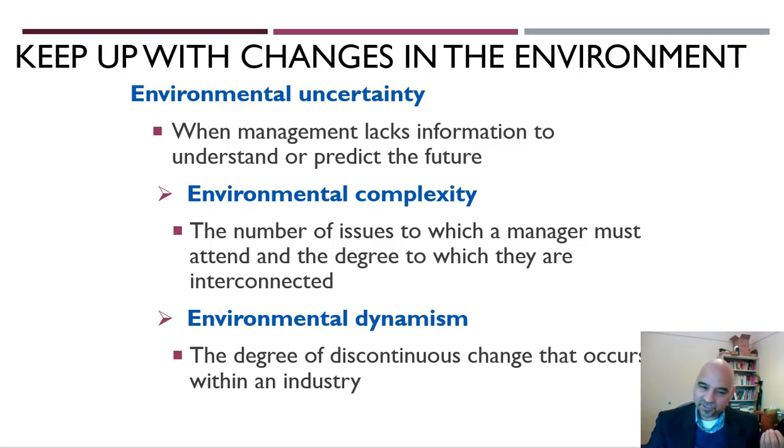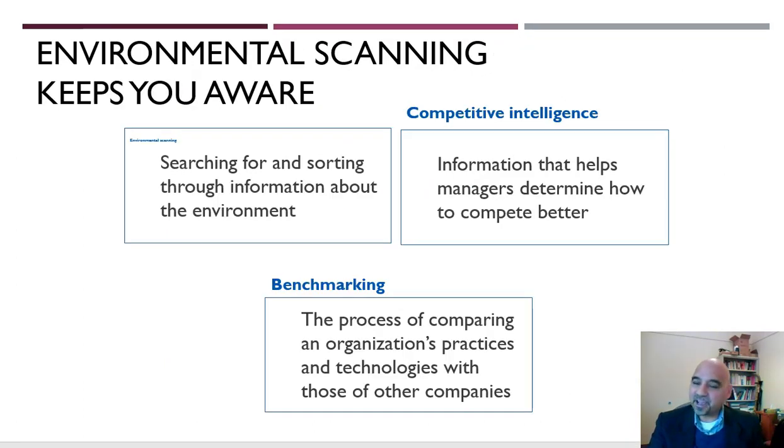And so we consider that the environmental dynamism. And so some markets don't change as much as other markets. So you have to really, really know the market that you're in and the factors that affect your market. We do this through a process called environmental scanning. That's about really staying aware of things using various types of information.